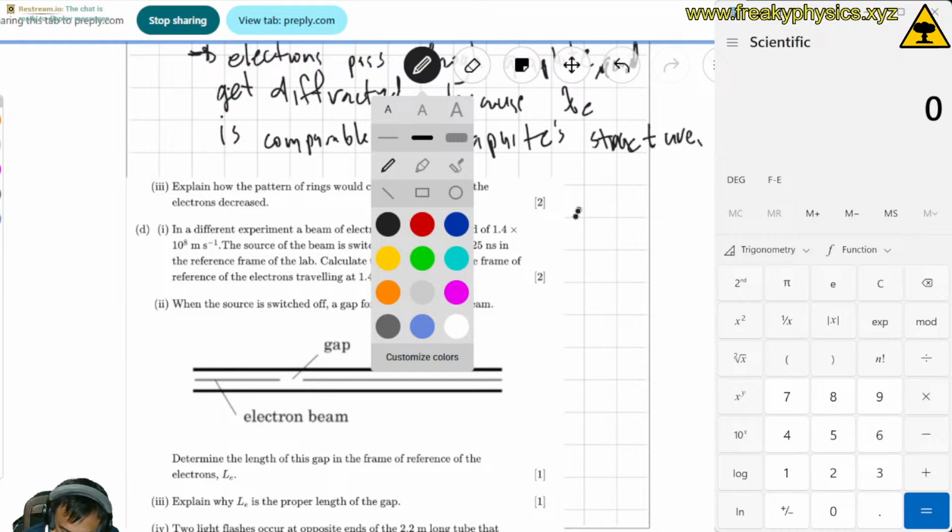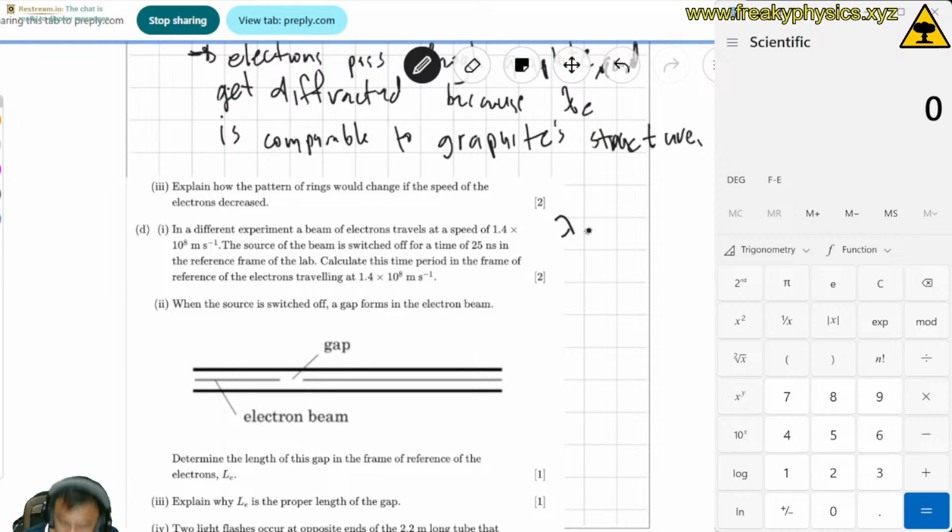That actually also works. Remember we used this formula yesterday to find the momentum of an electron. This will also work if you want to find the de Broglie wavelength of a particle moving at a certain speed. So in this case, if V increases, what happens to P? It also increases.